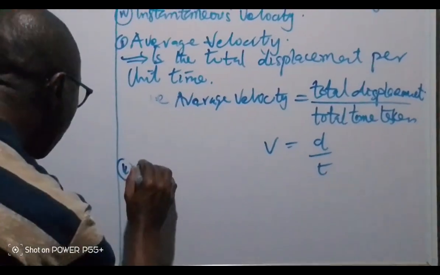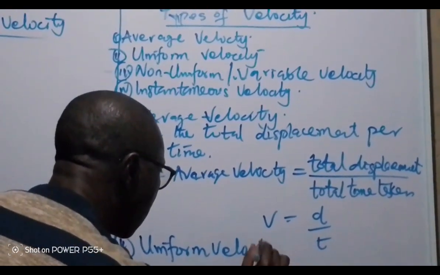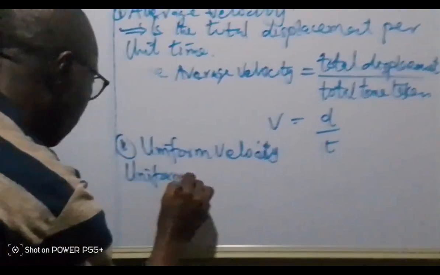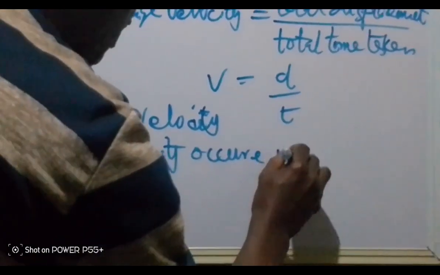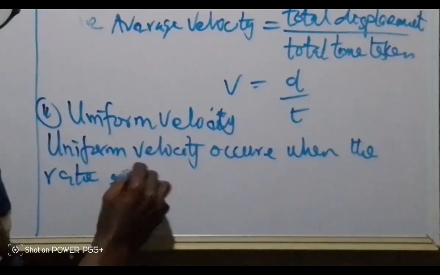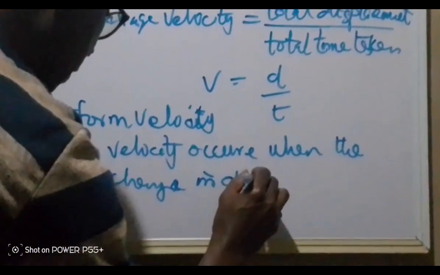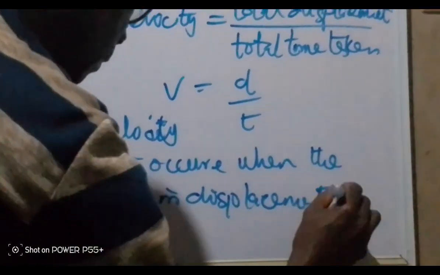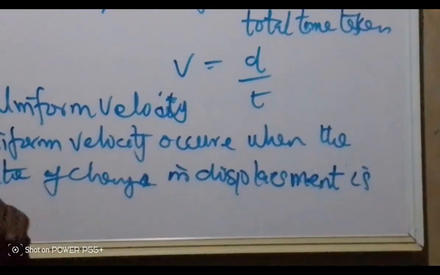Number 2, uniform velocity. Uniform velocity occurs when the rate of change in displacement is constant.